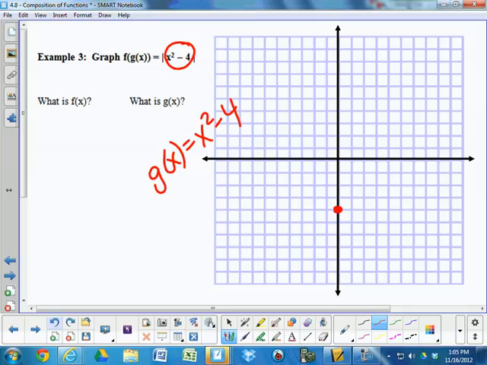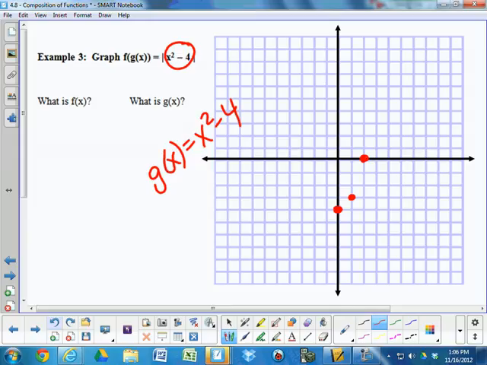Then you would just graph what a parabola looks like from there. From your vertex, a parabola goes over 1, up 1. I know this because I understand the parent function x squared. I know what it looks like. It's over 1, up 1, back to the vertex. Over 2, up 4, because 2 squared is 4. Go back to the vertex.